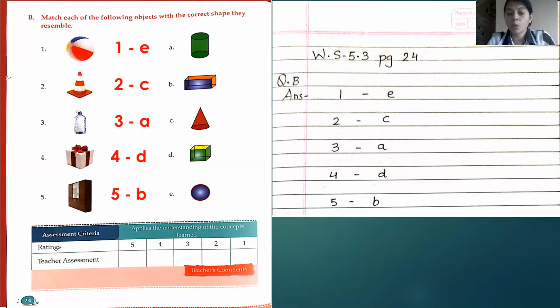The fourth one, answer is D. Yes, gift box is cube in shape. And the fifth one, almirah, is cuboid in shape. So you're going to write it in the same way how teacher has written in the notebook. Yes, I hope you all have done till here.